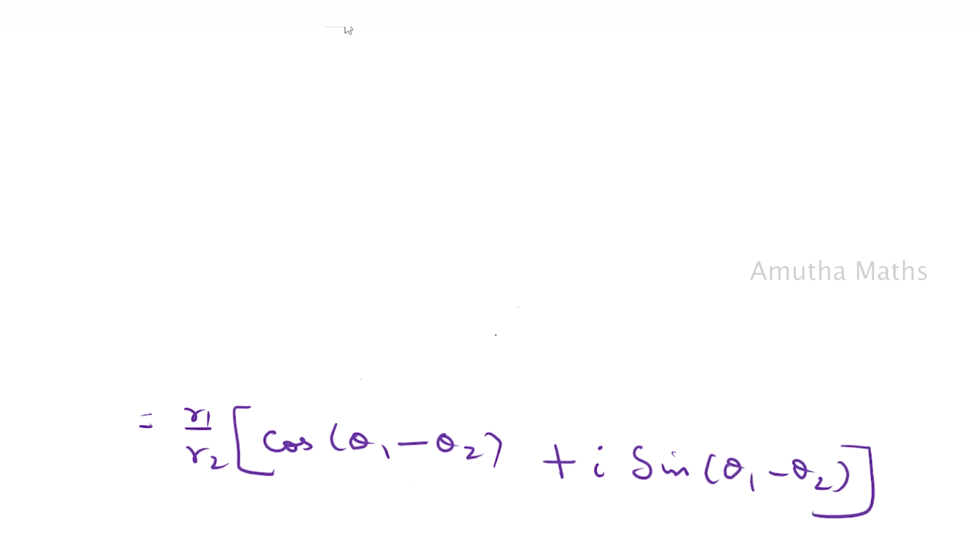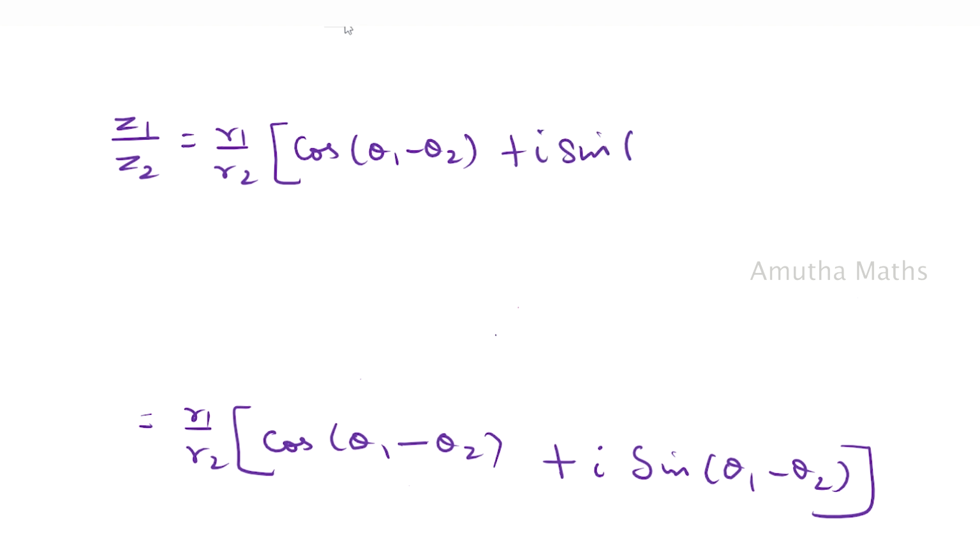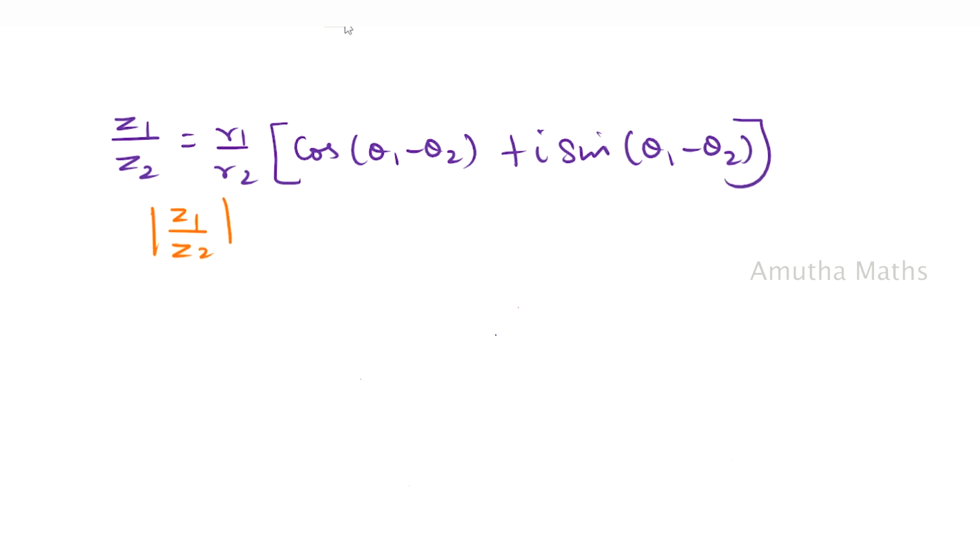Okay. Therefore, Z1 by Z2 is equal to R1 by R2 into cos of theta 1 minus theta 2 plus i into sin theta 1 minus theta 2. What is the modulus of Z1 by Z2?